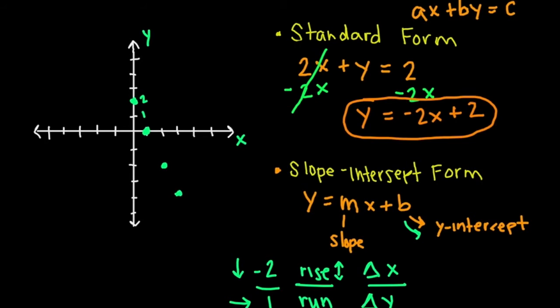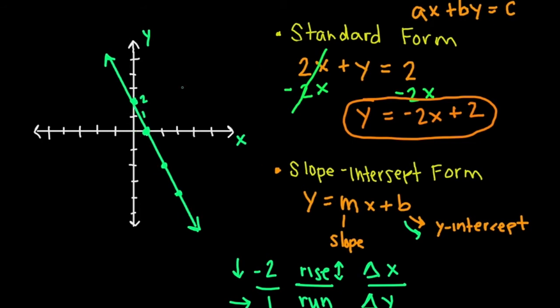And now I can take my line and graph a straight line there, going on to infinity, and it keeps going on and on in both directions. So when we're graphing a linear equation, any point on the line, a point there, a point here, any point on the line is a solution to the original equation that we had.